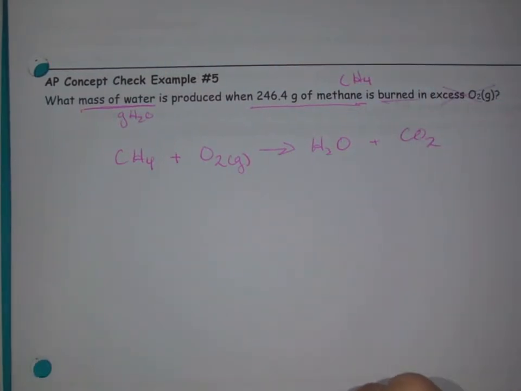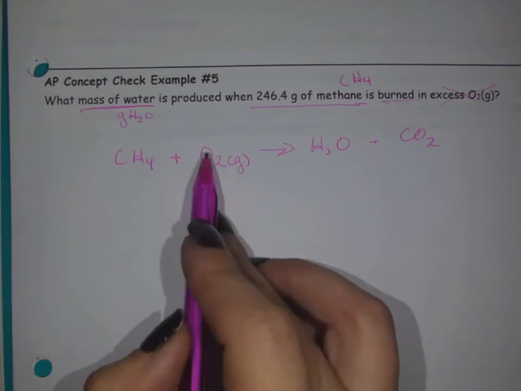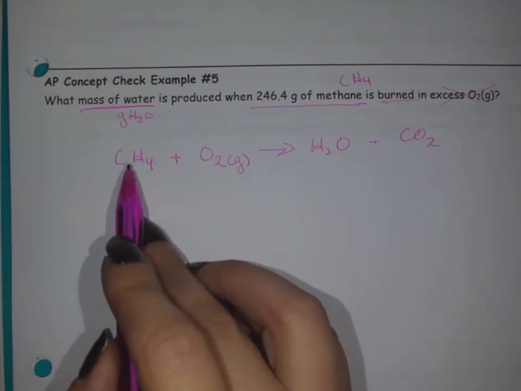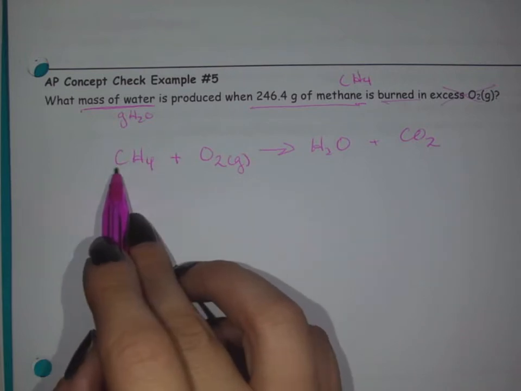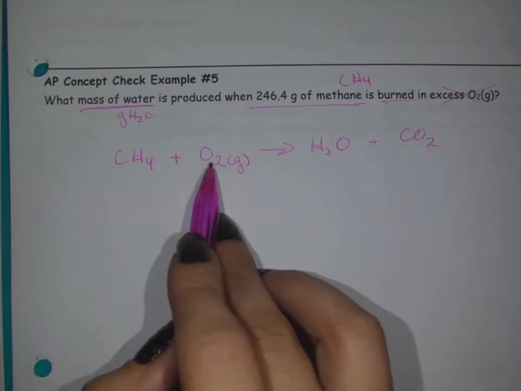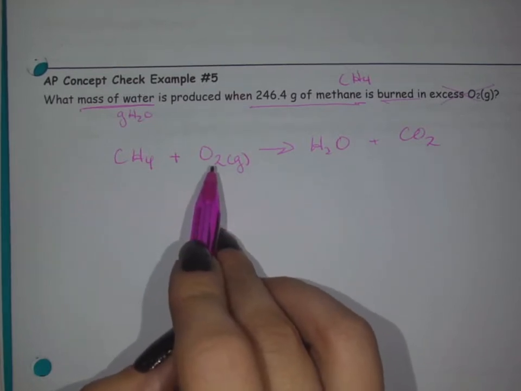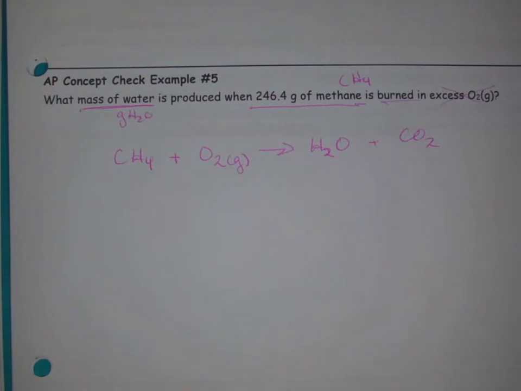This is a chemical reaction I'm going to need you guys to know. It's a combustion reaction, more specifically a hydrocarbon combustion, and we've talked about this before. If there's a molecule that contains only hydrogen and carbon, it's nonpolar. When it combusts, when it reacts with O2, every single time it will produce water and CO2.